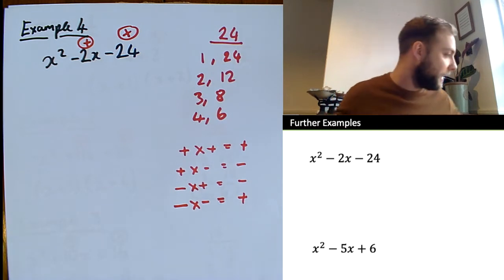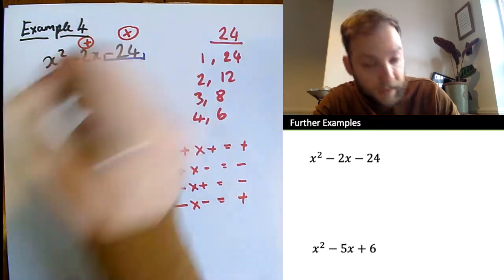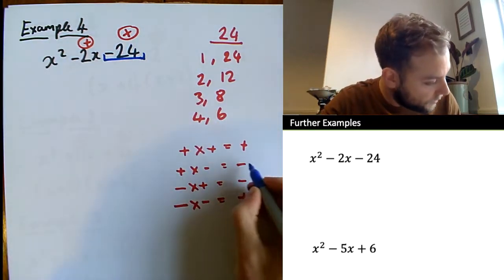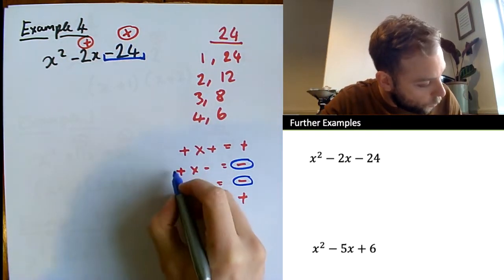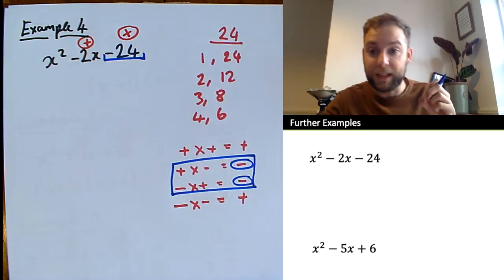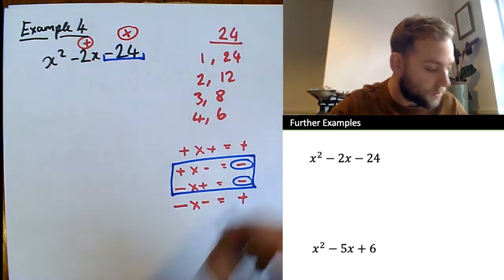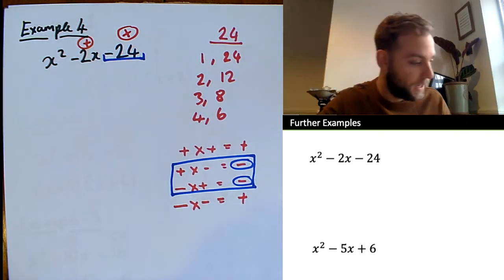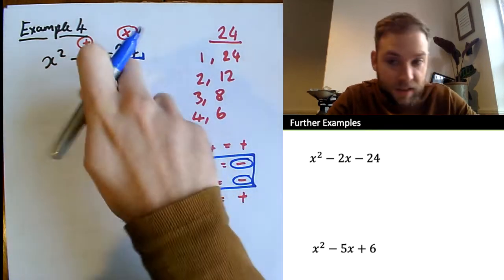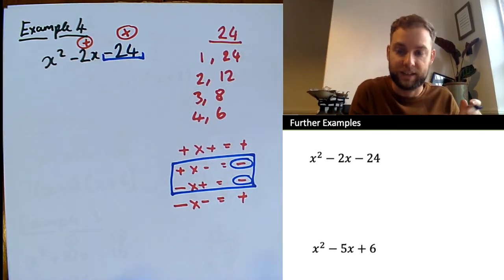So, if this last number here is negative, we know that the symbols must be different. So if the last number is negative, the symbols must be different. If the last number is positive, the symbols must be the same, either both positive or both negative.